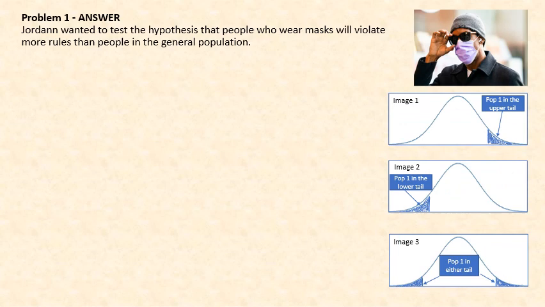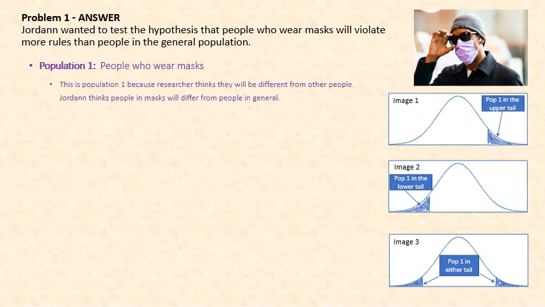So now applying what we just said to this problem. So first off, population 1 is just people who wear masks. That's who Jordan thinks is going to be different in some way from other people. Population 2, who are we comparing these mask-wearing people to? Just to people in general. What are we comparing?